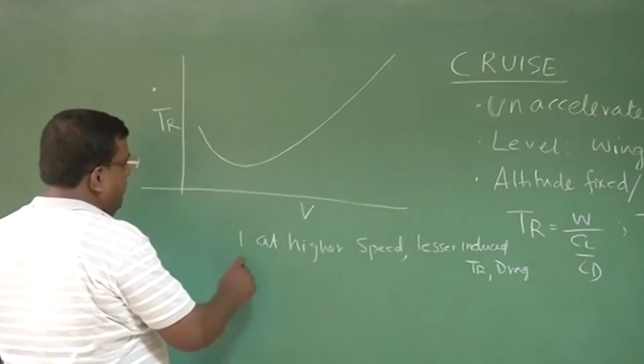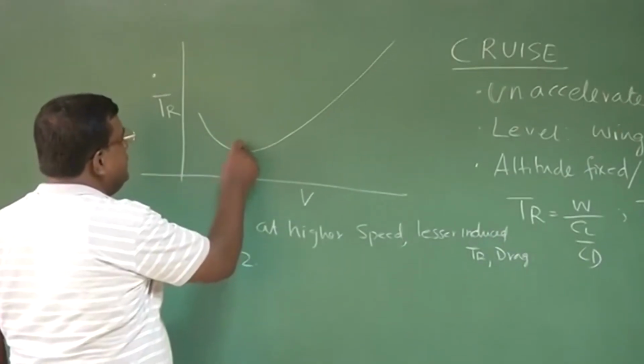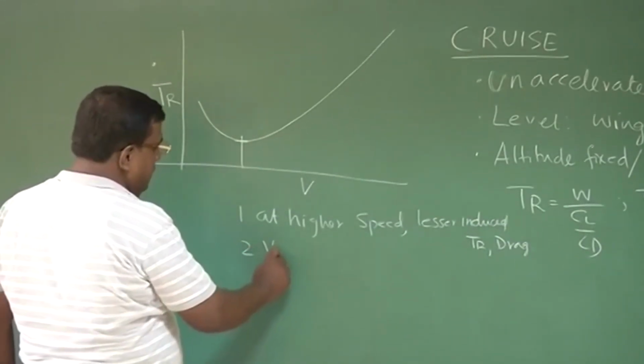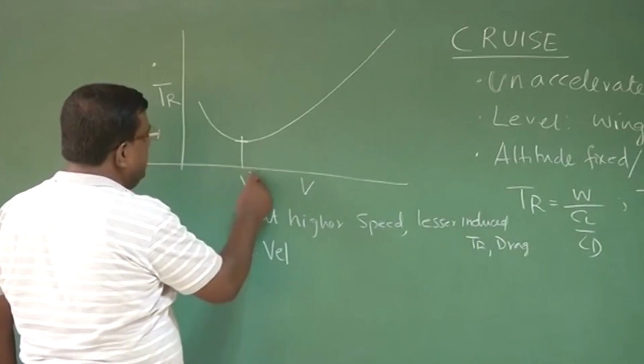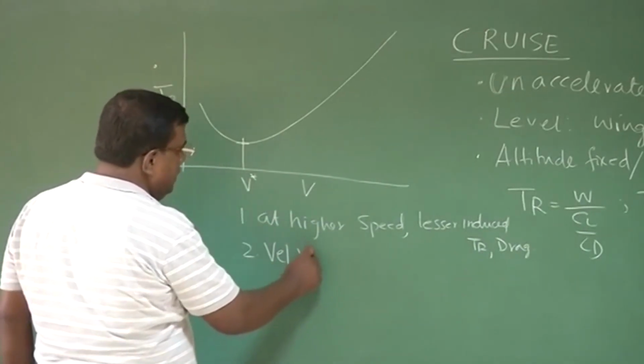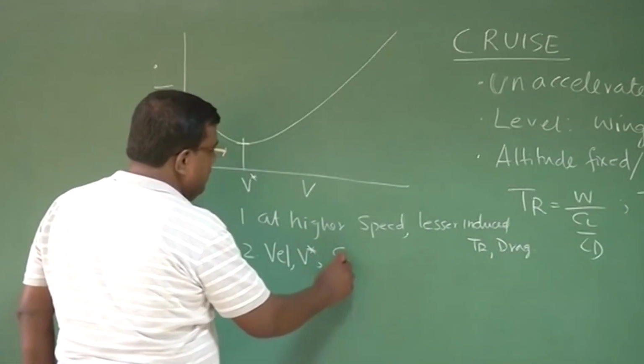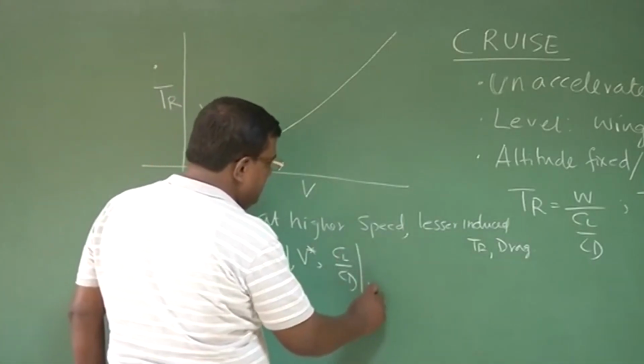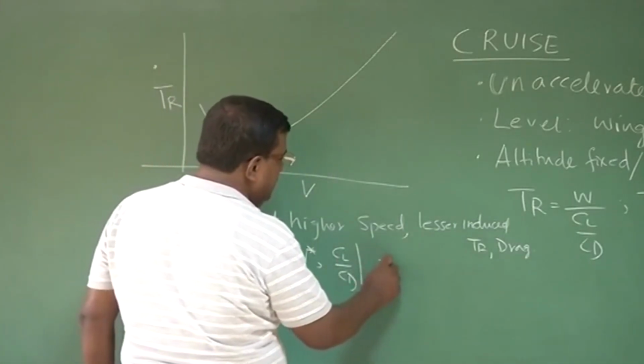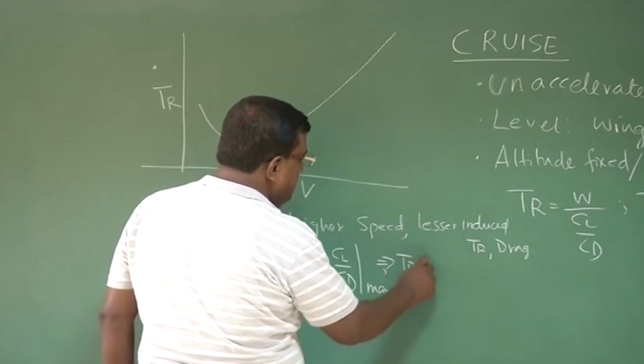And typically there is a point, if I fly at a velocity given as V star, for which CL by CD is maximum, then I have thrust required minimum.